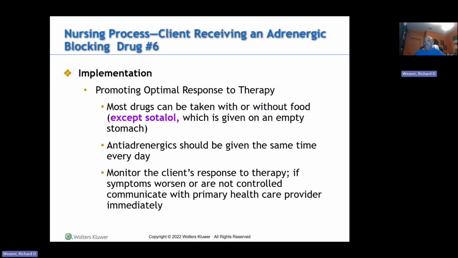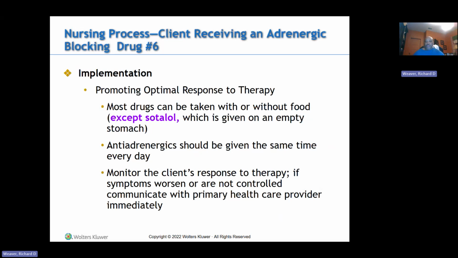If you don't give this drug at the same time of day, then those blood levels in the body will be up and down, and of course you won't be able to control this person's blood pressure like you should be able to. So giving it at the same time each day is going to be important to maintain those therapeutic levels.